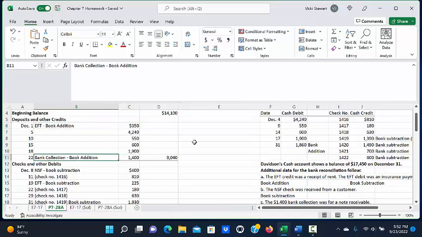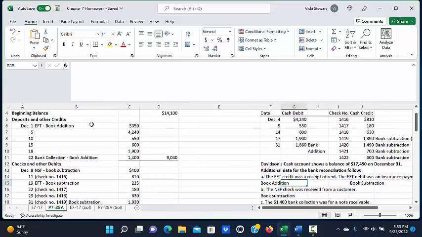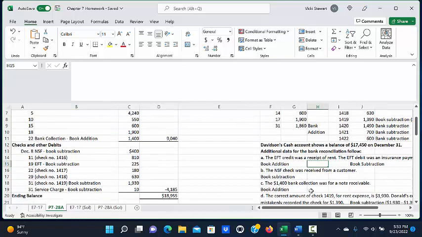And we also see a collection that was made on the 22nd for $1,400, and we do not have that amount either, so that will be a book addition. The additional information in the problem tells us that the EFT amount for $350 was for rent revenue, and the $1,400 collection was for a note receivable.